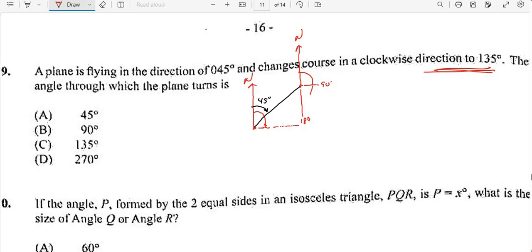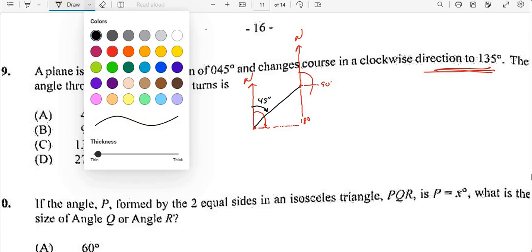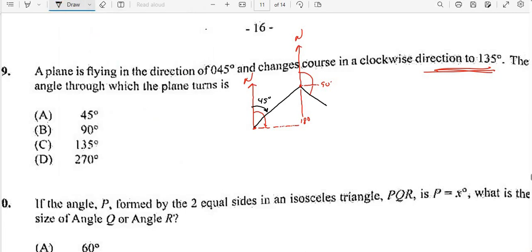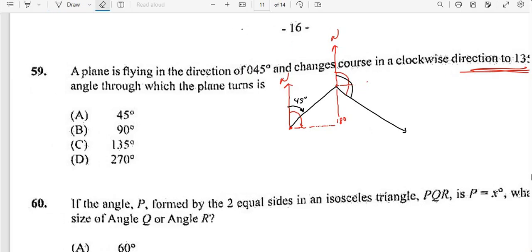So it's going to be somewhere right here. Right? So that's going to be 135 degrees. That angle right here is 135 degrees. Let me just take these out. Okay, good. So we understand that. That's 135 degrees right here.